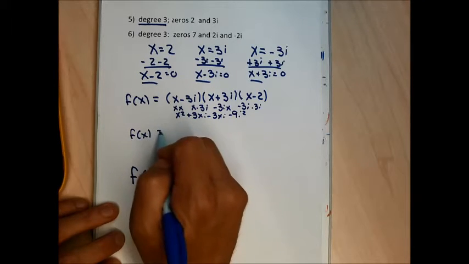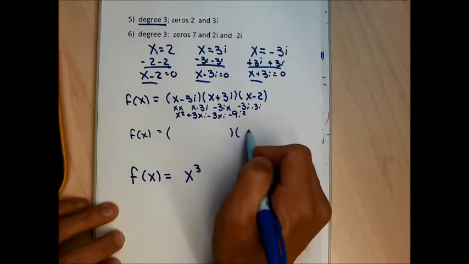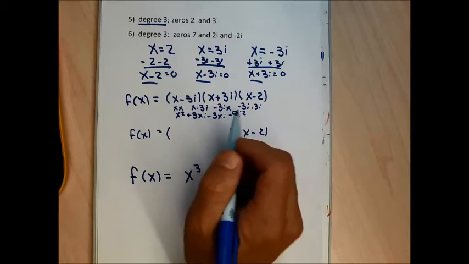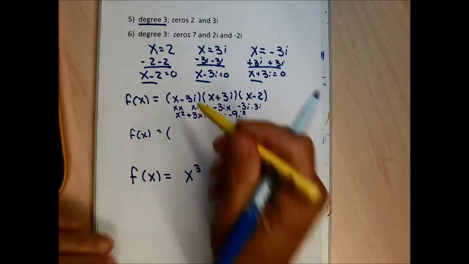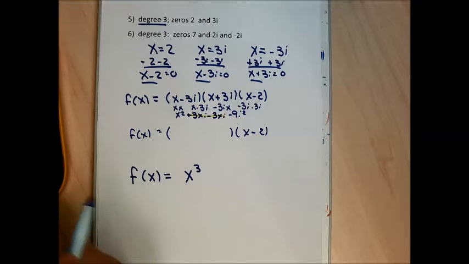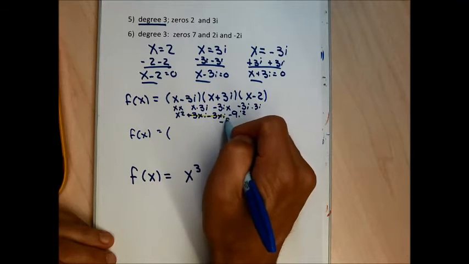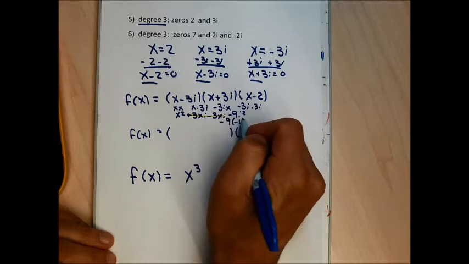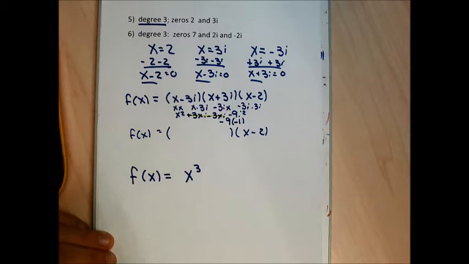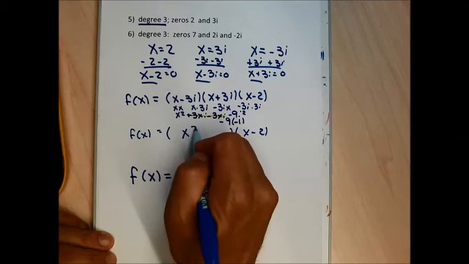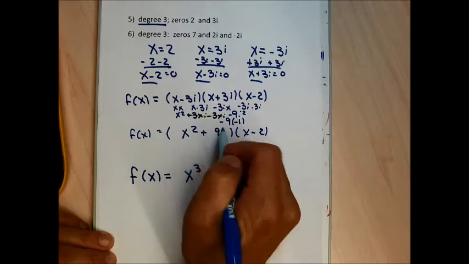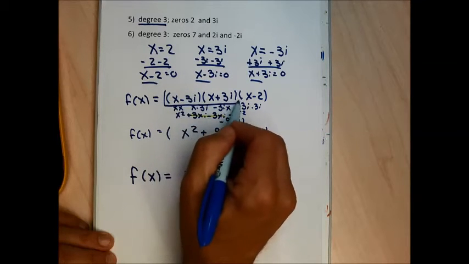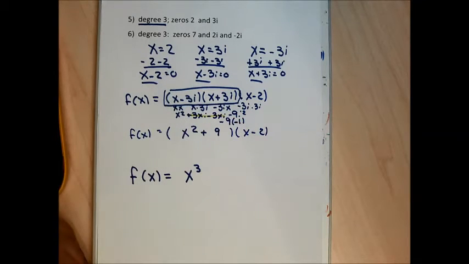When I do this foiling, the outers and the inners cancel, and the minus 9i squared turns into a positive 9 because it's really minus 9 times i squared, which is minus 9 times negative 1, which is positive 9. So the first foiling gives me x squared plus 9.